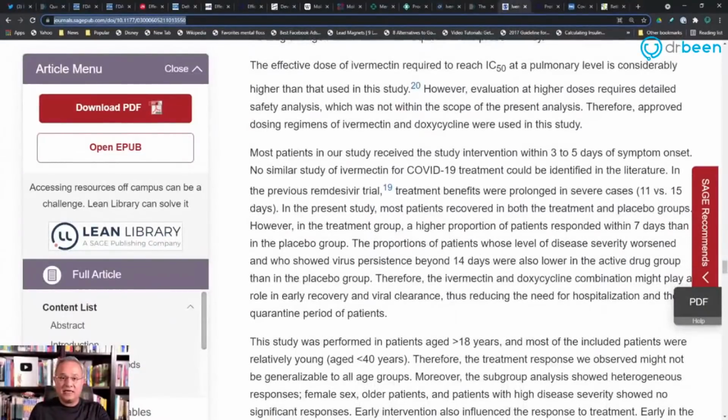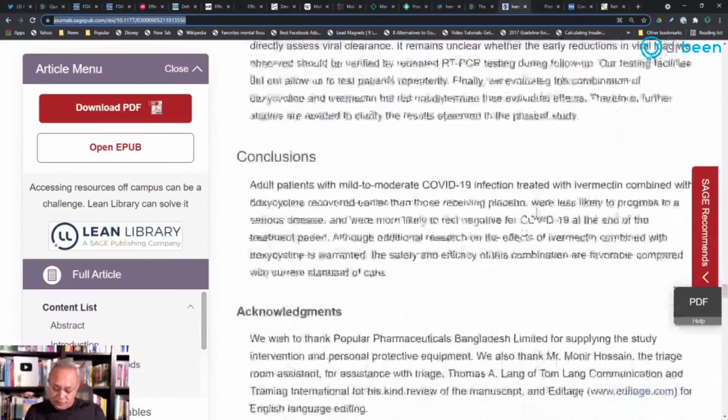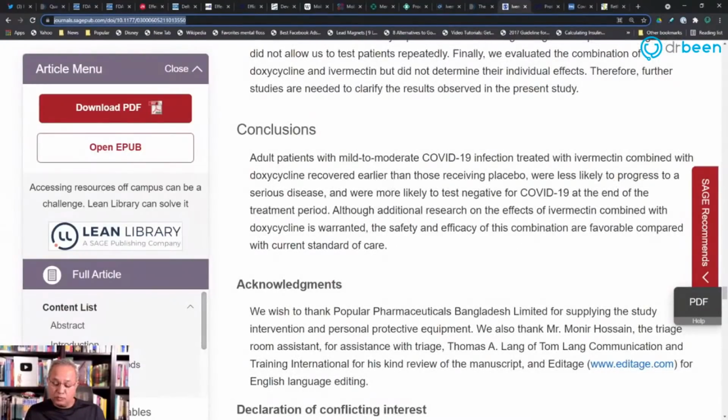That means they were prevented from becoming hospitalized and dying. So here, adult patients with mild to moderate COVID-19 infection, this is the Mahmood study, treated with ivermectin combined with doxycycline recovered earlier than those receiving placebo, were less likely to progress to a serious disease, and were more likely to test negative for COVID-19 at the end of the treatment period.